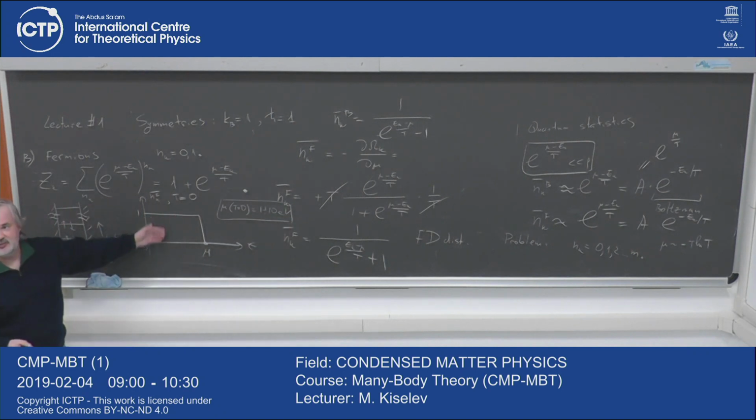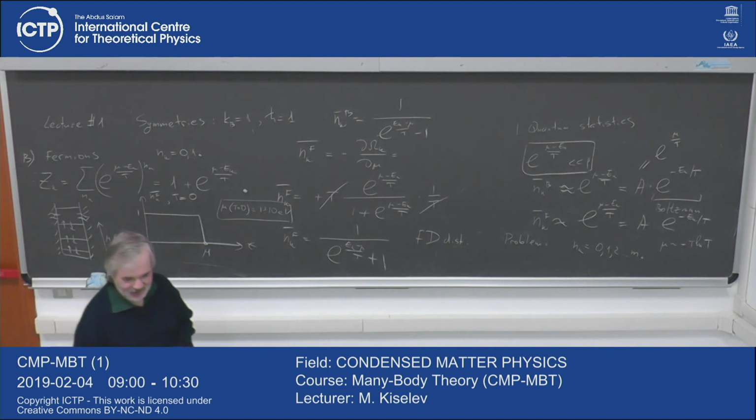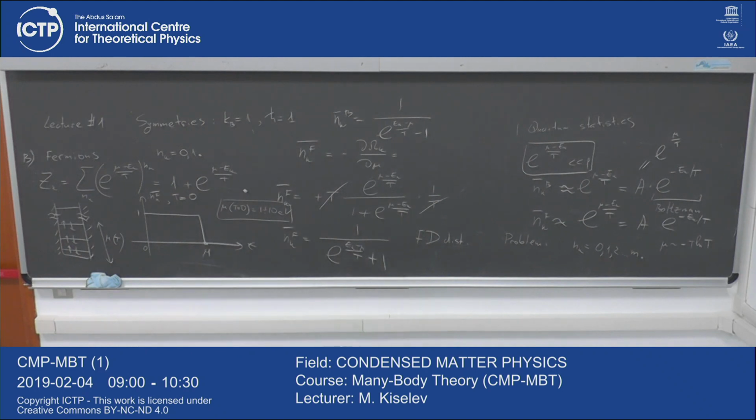Besides, what we see from the Fermi distribution function here is that all states below this energy are filled and all states above this energy are empty. Namely, we have already found the ground state of the fermionic system, and we start discussing this ground state next time, next lecture on Wednesday. You may read about it in Landau Lifshitz Volume 5 or any of your favorite books. And that's all for today.